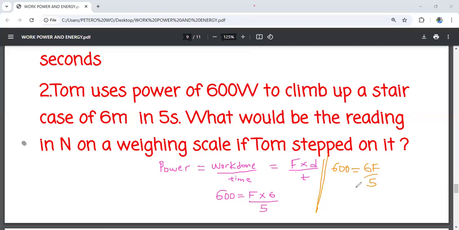At this stage, we multiply by 5 on both sides, so the 5s cancel out. 5 times 600 gives us 3,000, and 3,000 is equal to 6F.